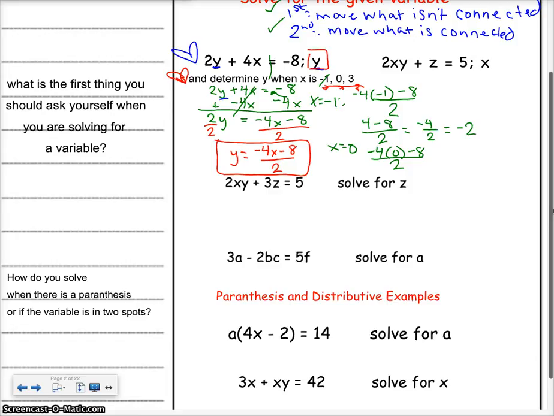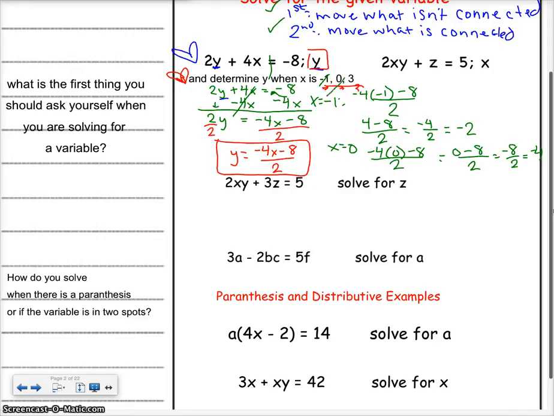Negative 4 times 0 is 0. 0 minus 8 over 2, which is negative 8 over 2, which is negative 4. We have no room, darn it.